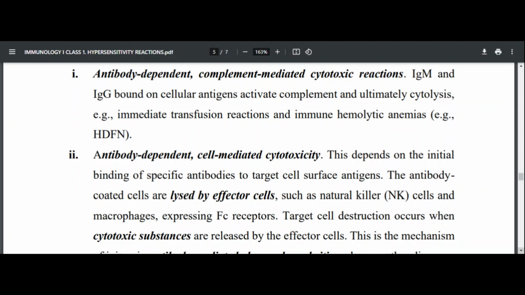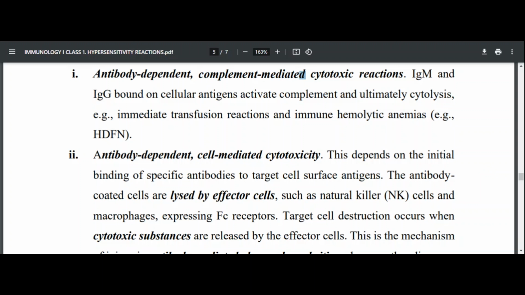The second category of type 2 reaction is antibody-dependent cell-mediated cytotoxicity. But I just want to mention something small on the first class of type 2 reaction, which is complement-mediated. Of course, even if antibody is going to bind the antigen, this cannot cause cytolysis immediately. So antibody is going to opsonize.